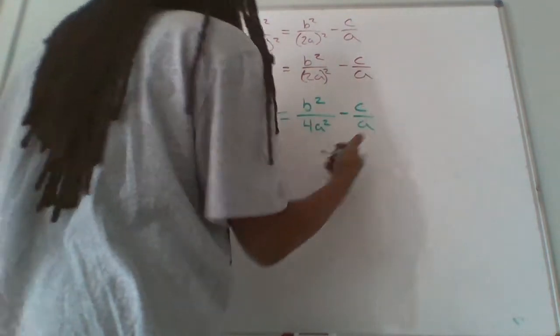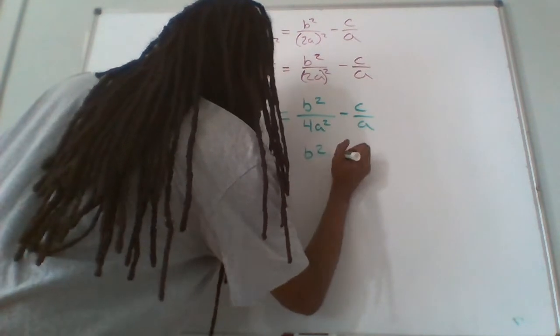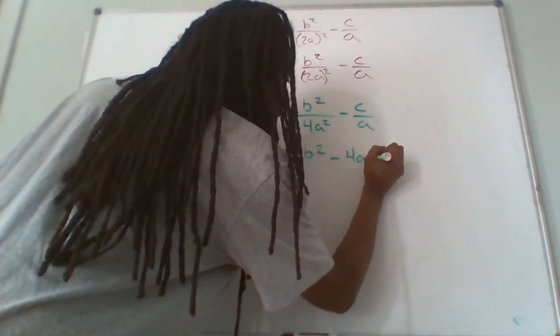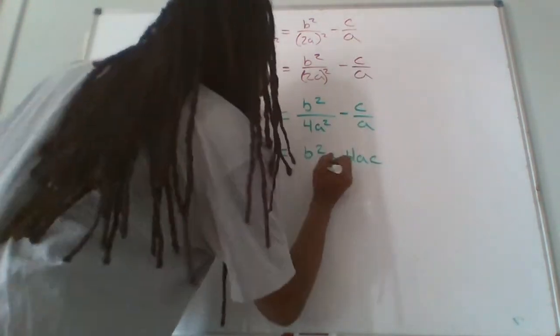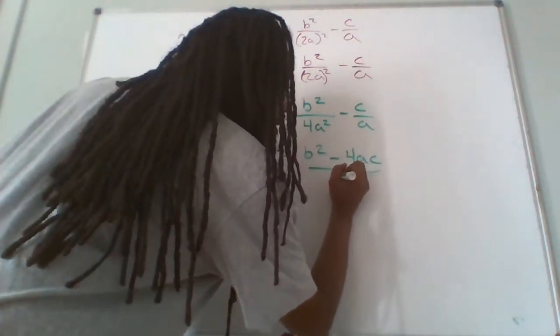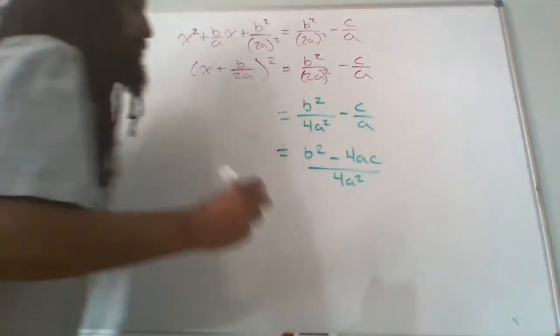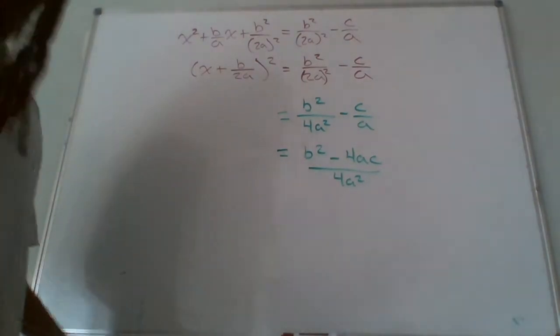So we get b squared minus 4a times c, multiply top and bottom, over 4a squared. Perfect.